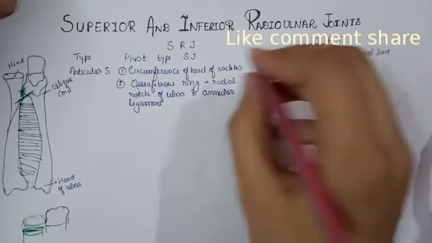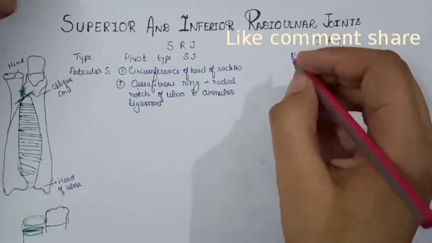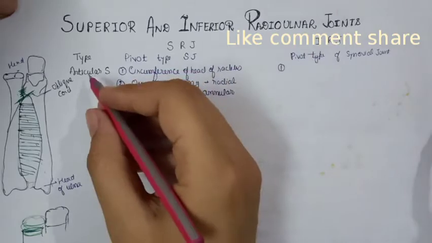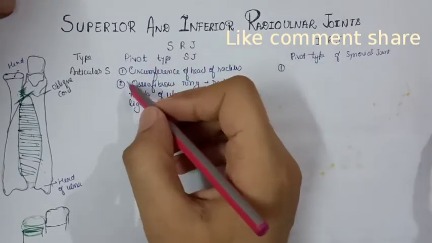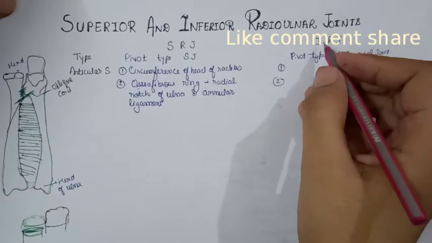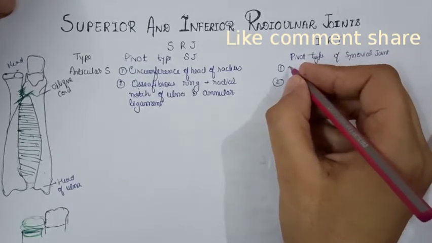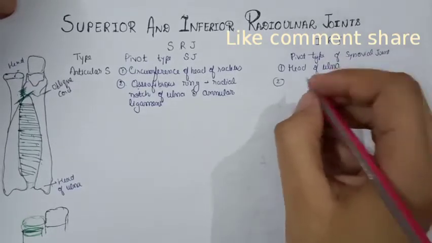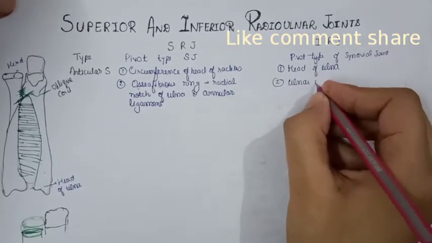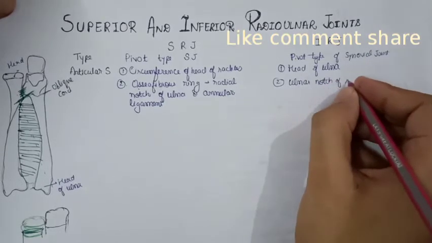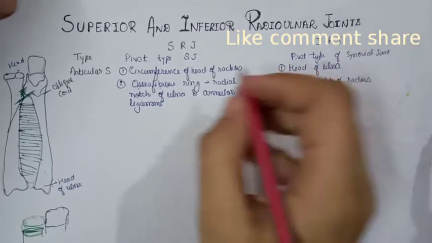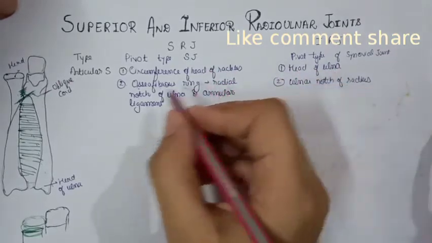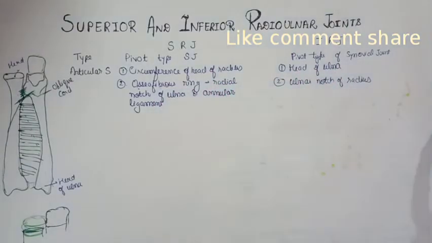So like the superior radioulnar joint, the inferior radioulnar joint also has two articular surfaces. First is the head of the ulna, and second is the ulnar notch of the radius. Both are comparative: head of radius, head of ulna, radial notch of ulna, ulnar notch of radius. So if you do the comparative study of both the joints, it's just at your fingertips.